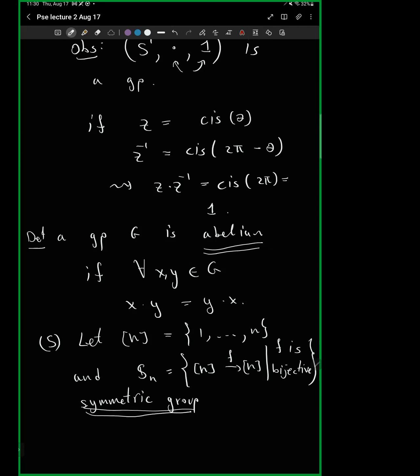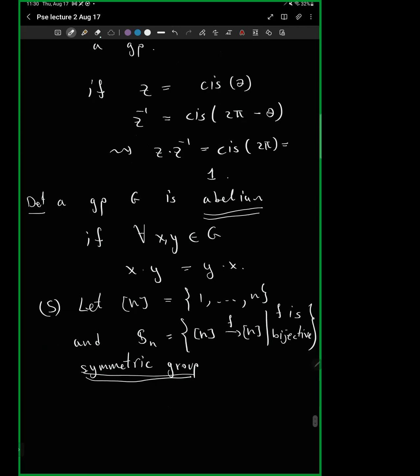Now I need to tell you what is the operation. So maybe instead of f, we call it sigma. Sigma operation tau is defined to be simply the composition, sigma compose tau.